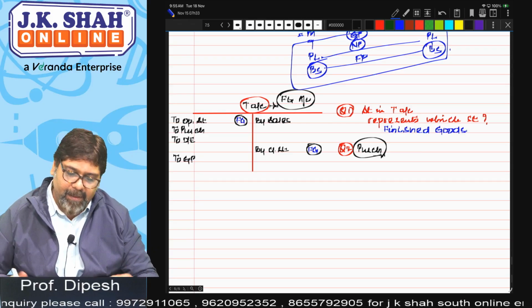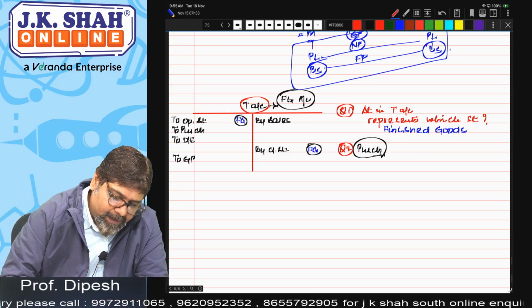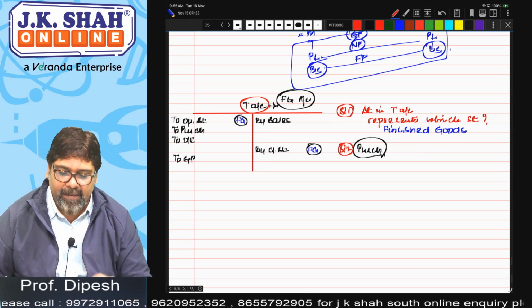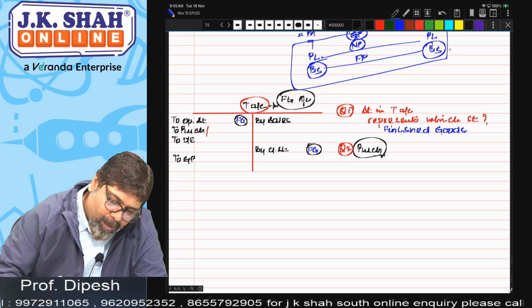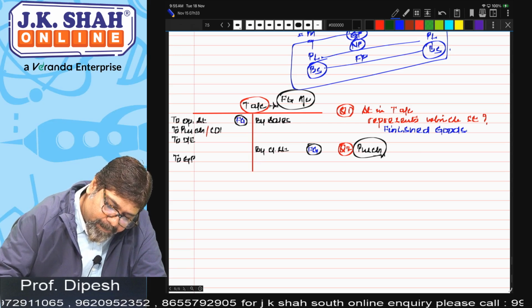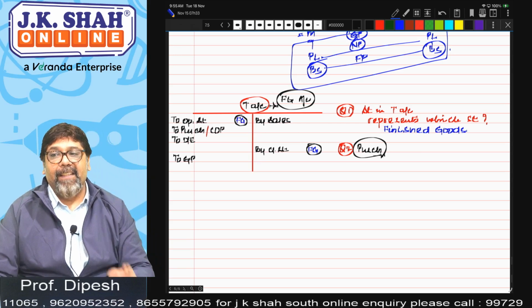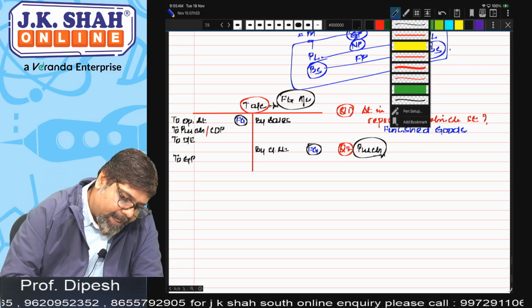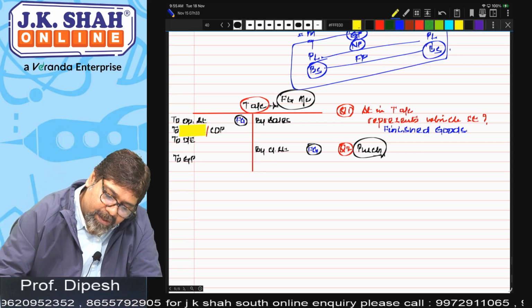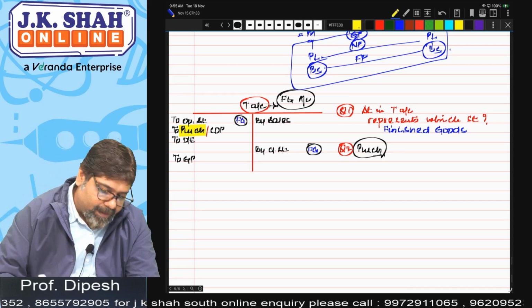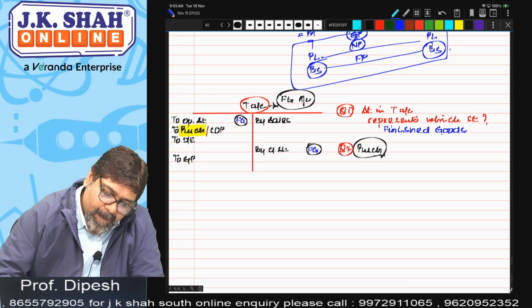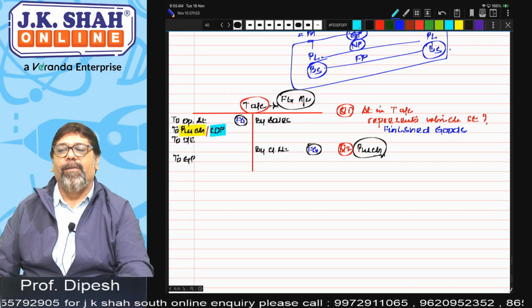Purchases means what? Now chartered, if it is manufacturer, then purchases will not come. Then cost of production will come. If this trading account is of trader, then you will write purchases of finished goods. But if this trading account is of manufacturer, then you will write cost of production of goods manufactured.